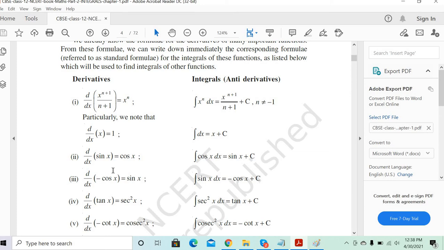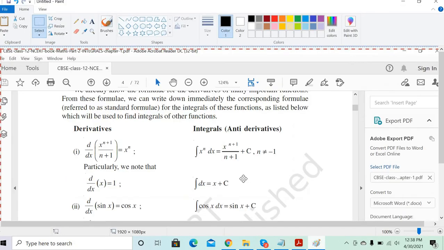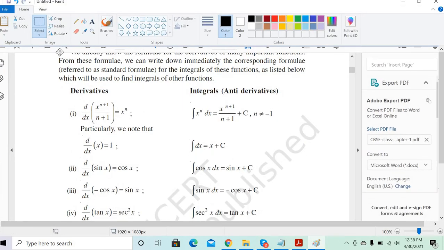Now let's understand the first part. The simple formula: the differentiation of x power n plus 1 by n plus 1.